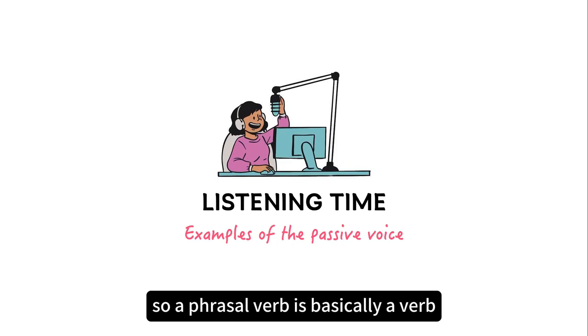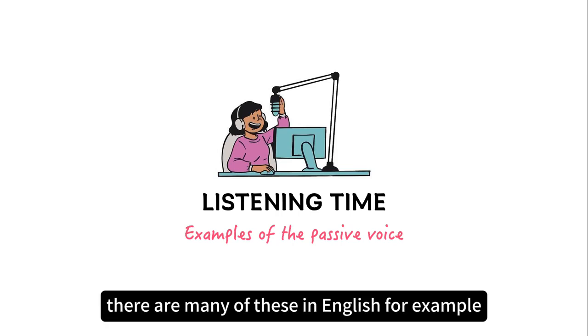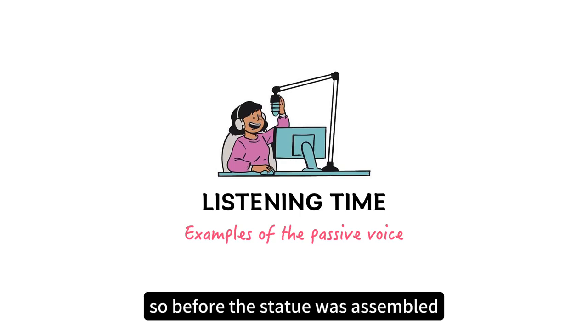So a phrasal verb is basically a verb made up of two words. There are many of these in English. For example, get up, I get up in the morning. Take off, I take off my shoes. But this one, put together, it means to assemble something. So before the statue was assembled.